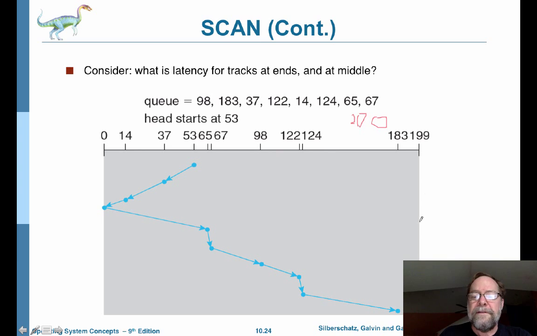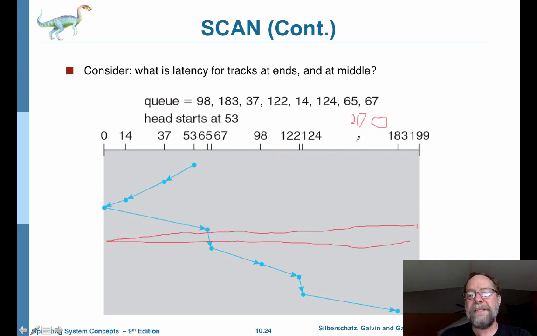If, however, the request is over on one of the edges, like over here at track 200, again, in the best case, it's going to take 0 because you happen to be on the track where the request is made. But in the worst case, you're going to have to wait for the head to move all the way over here and then all the way back. So the worst case for the requests at the edges of the hard drive is going to be 400.